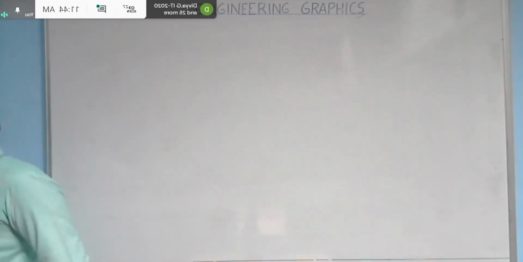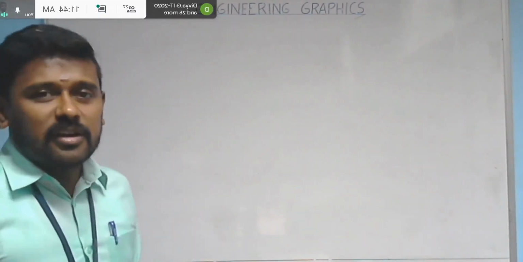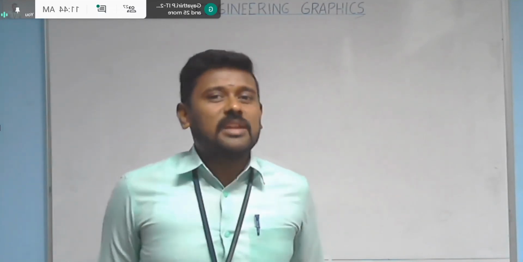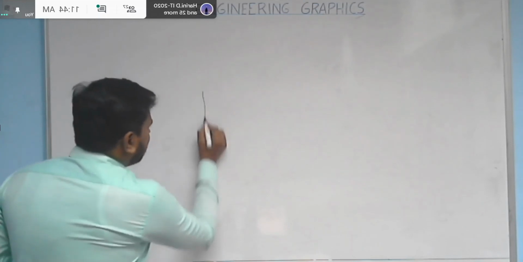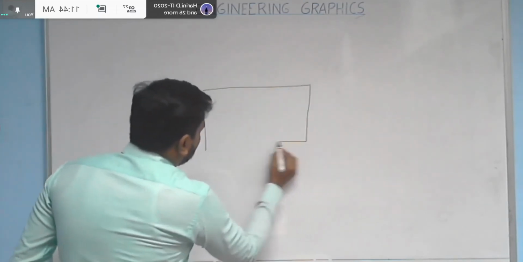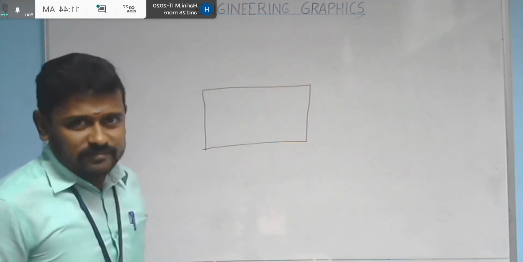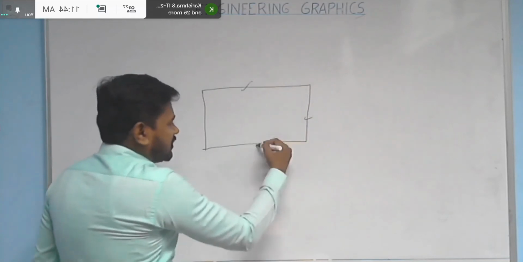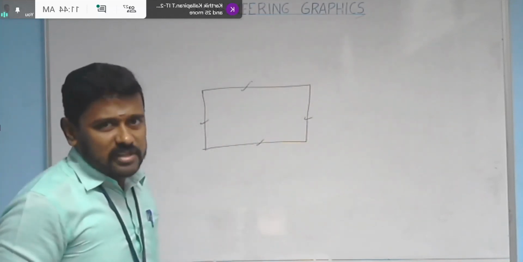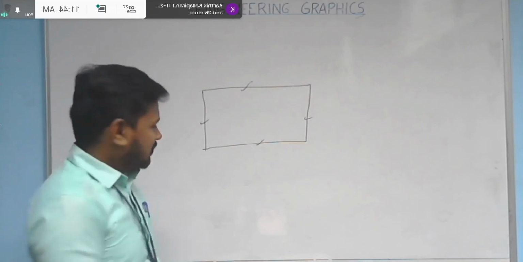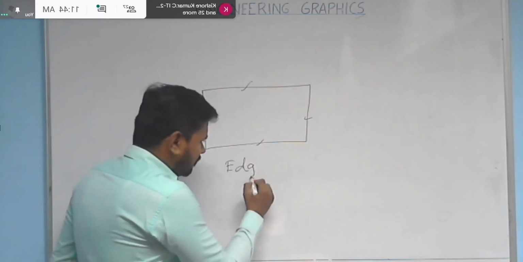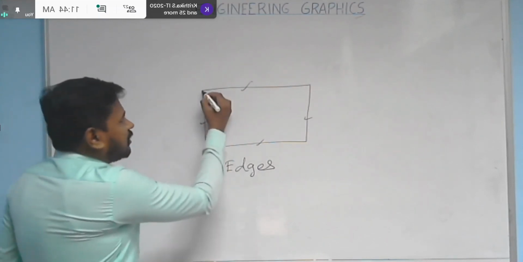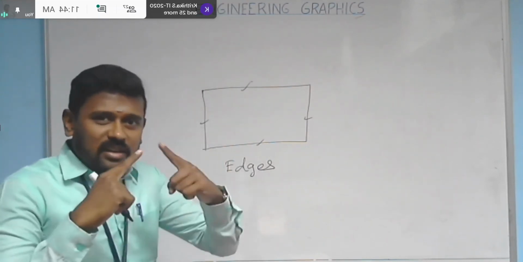Before getting to how to draw the front and top views, first we will have some basic idea about what all the parts of the body of a plane are. See, it is a plane, maybe a rectangle. The straight lines in the boundaries are called edges.